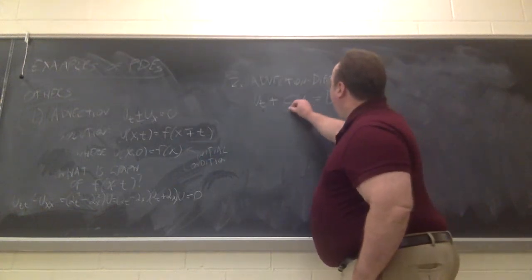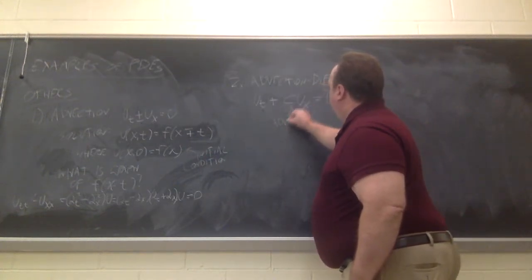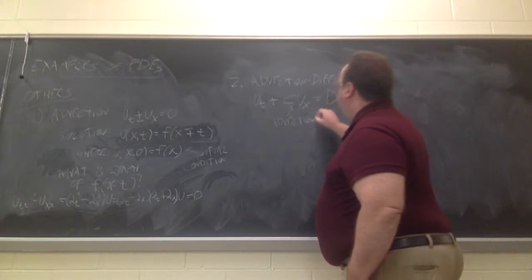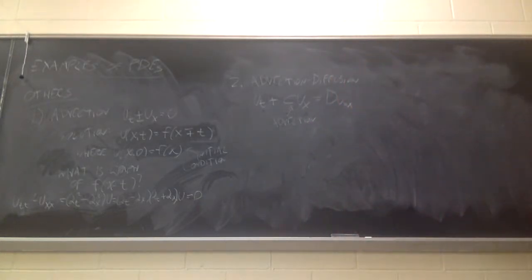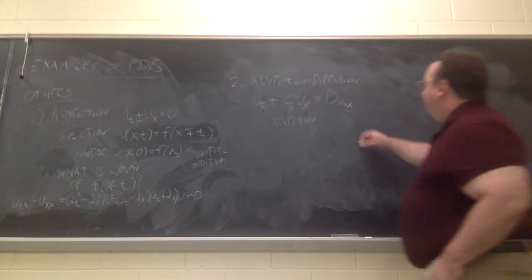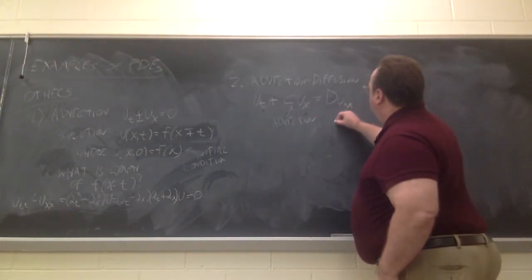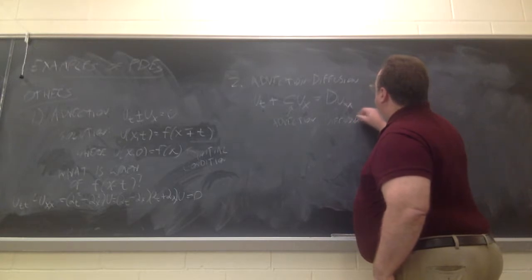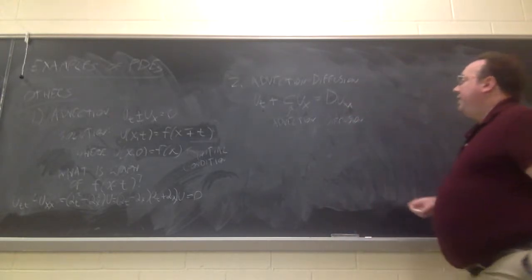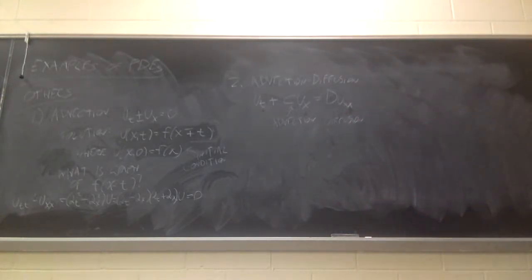Okay, so this is an advection term, as indicated by the first derivative with respect to x. This is a diffusion term. Now, if I toss the advection term out, C is 0, I basically have the heat equation all over again. What does heat energy do?